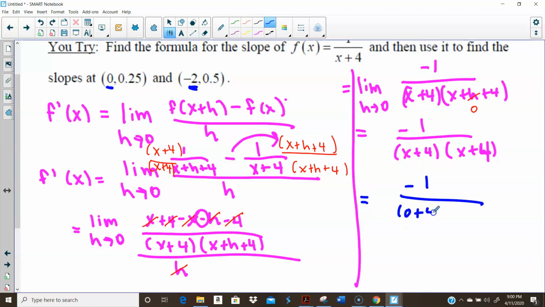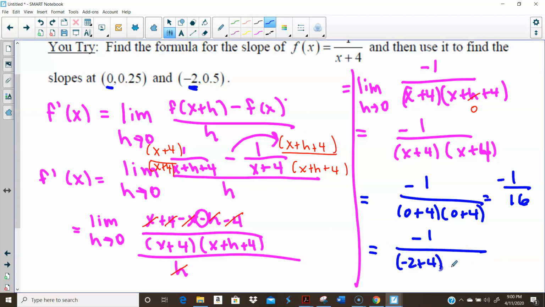I can figure out the actual slope by plugging in 0 first. So 0 plus 4 times 0 plus 4 is equal to negative 1 over 4 times 4, which is 16. So there's the first slope. For the second slope, you're just going to plug in a negative 2. So negative 1 over negative 2 plus 4 times negative 2 plus 4.